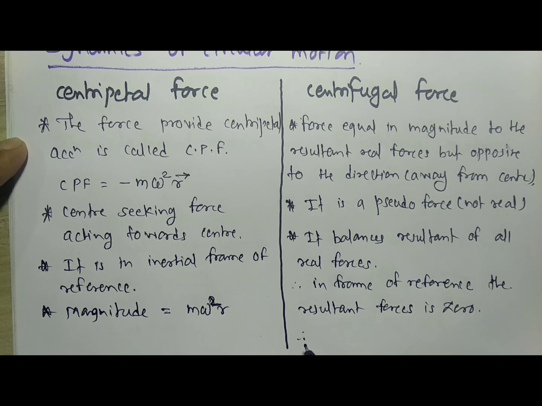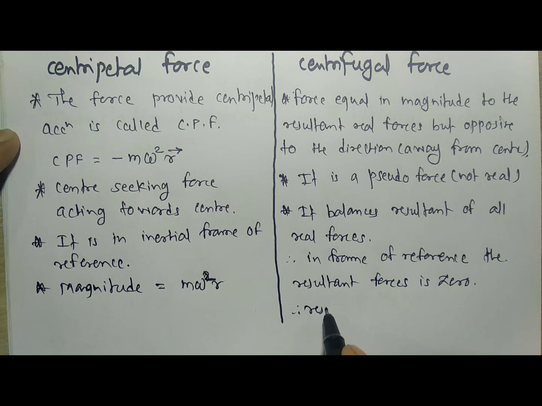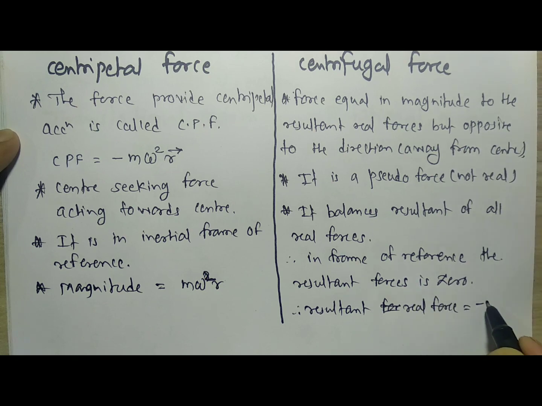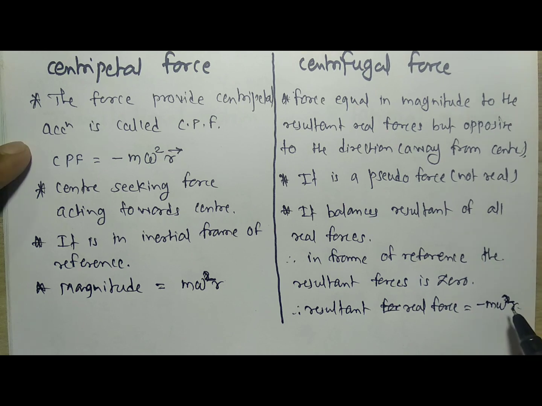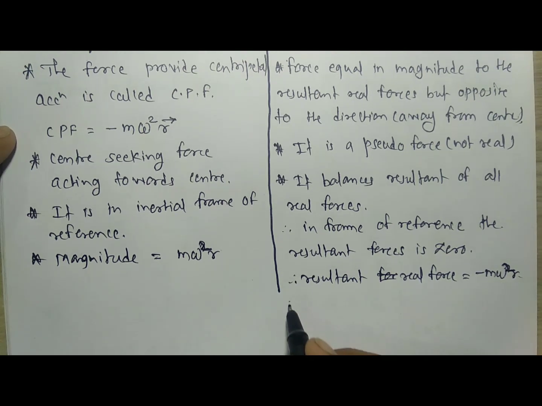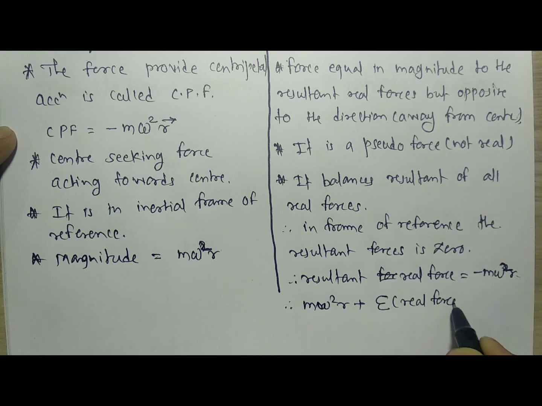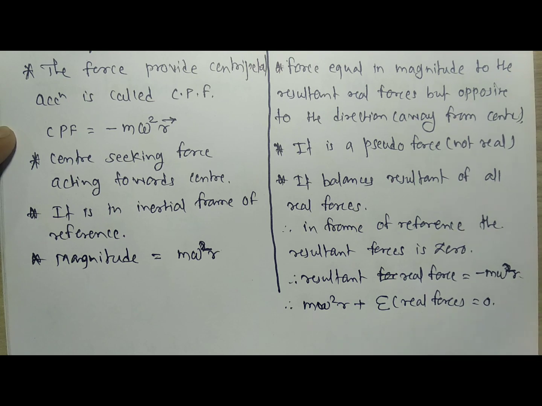Therefore here the resultant real force is equal to minus m omega square r. Therefore m omega square r plus the summation of all real forces is equal to 0.